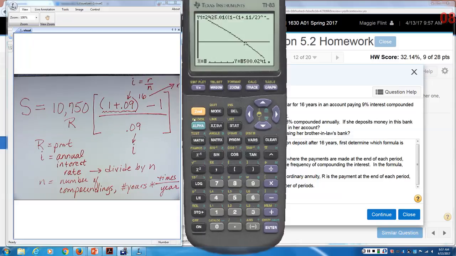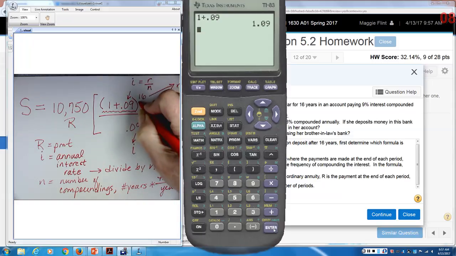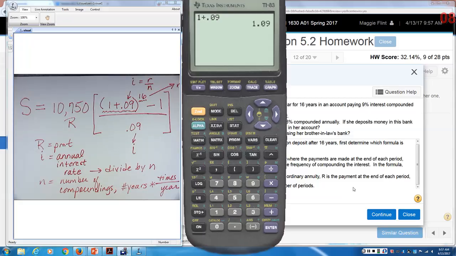And while I know that you're not likely to mess that up, I would still say 1 plus 0.09. Enter. Because sometimes I don't even trust myself to add 1 to something. And then it says, now raise that to the 16th power. So we're going to raise it to the 16th power.